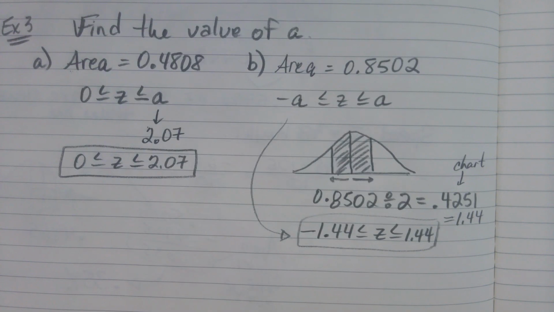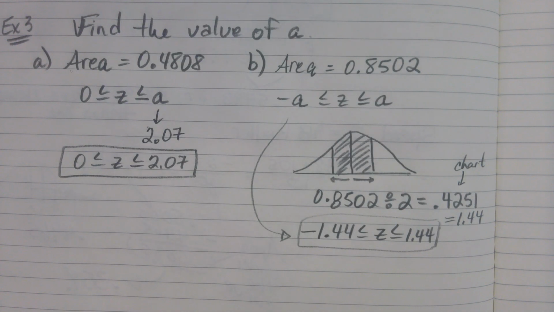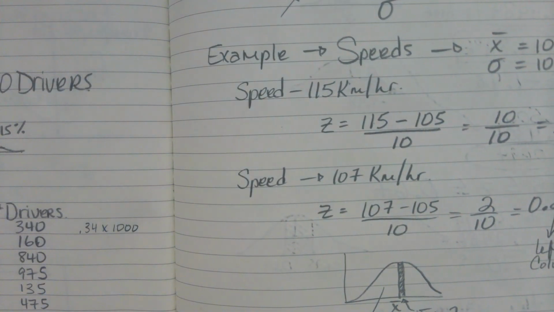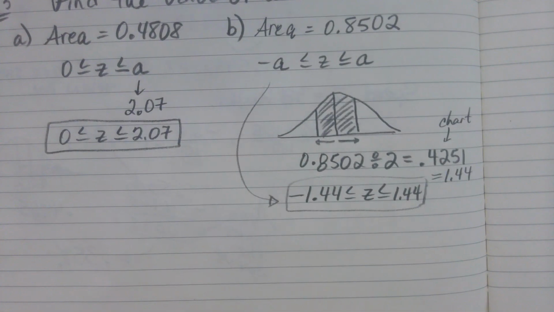So this section just has you use these Z-scores, find them in the chart, and figure out whether you're adding it to 0.5, subtracting off 0.5, or adding them together. What are you subtracting? Because in the next section, we're going to look at real world, like what we did yesterday. If this was a real world situation, what would that area represent?